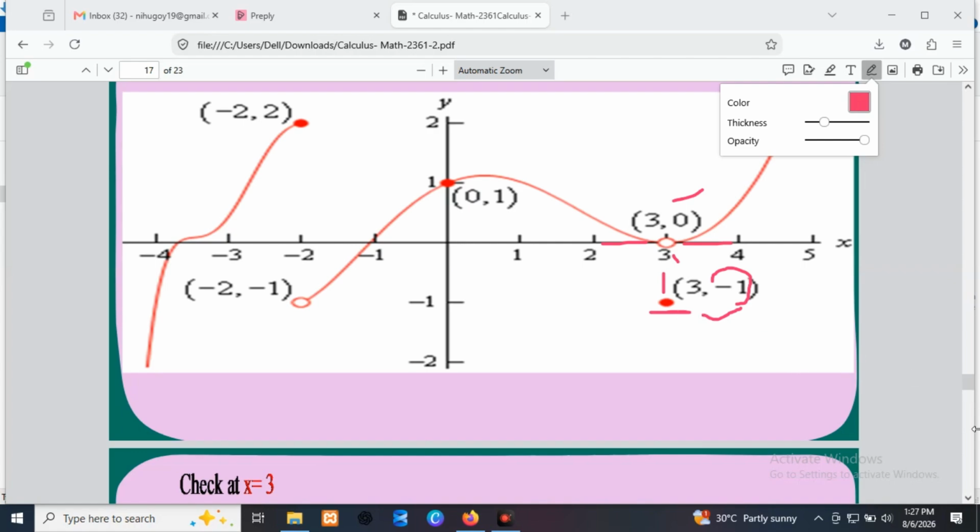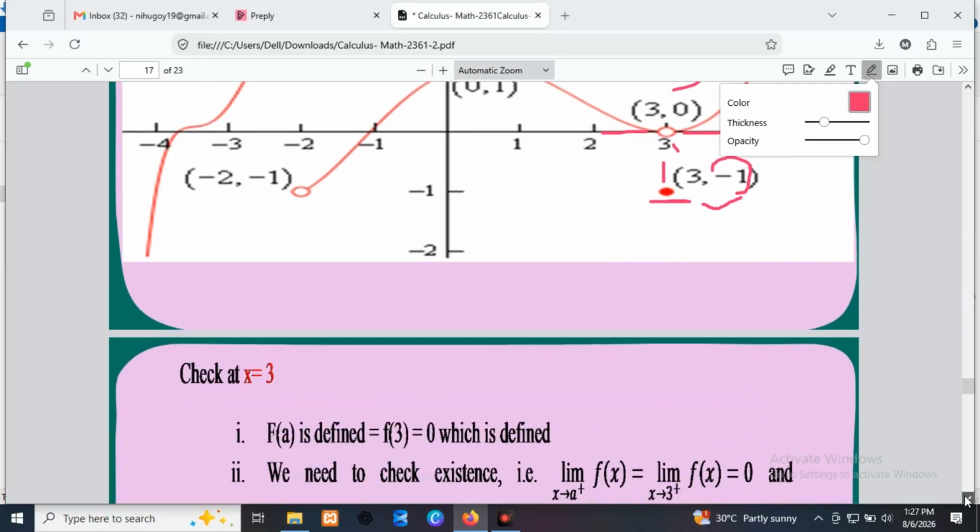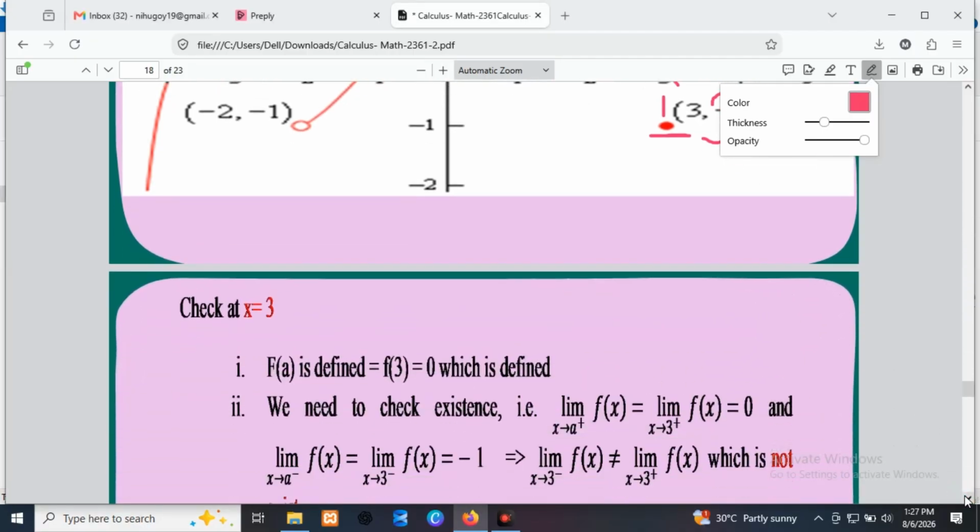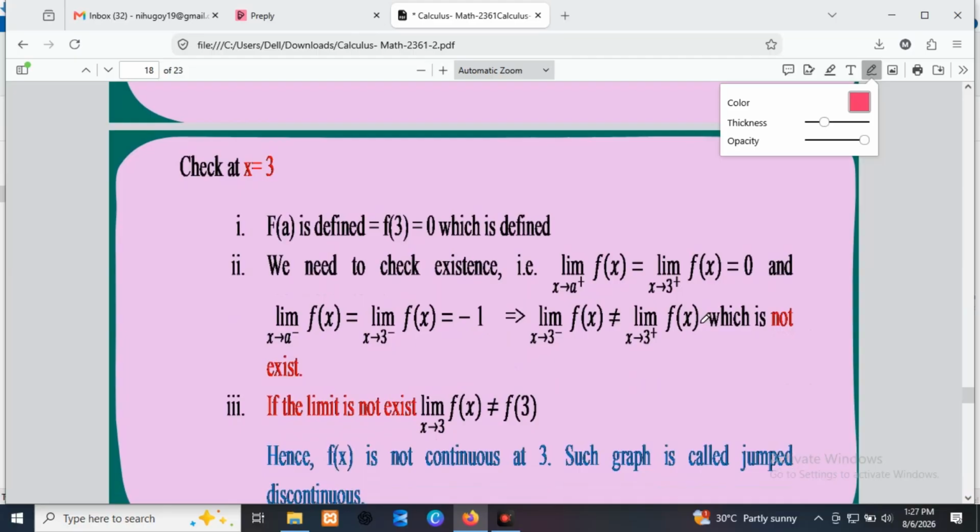At that time, we say the limit does not exist. If we have the same value from different directions, we say the limit exists, but now it is automatically different. Sometimes it is 0, sometimes it is minus 1. So let's check anyway using our criteria.